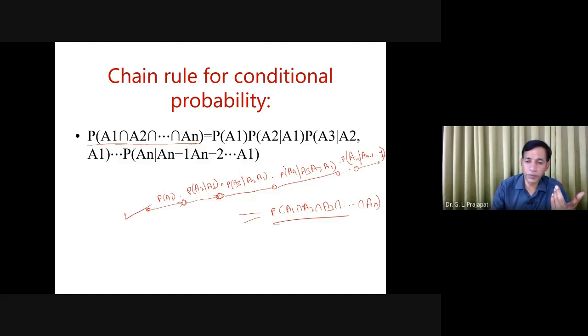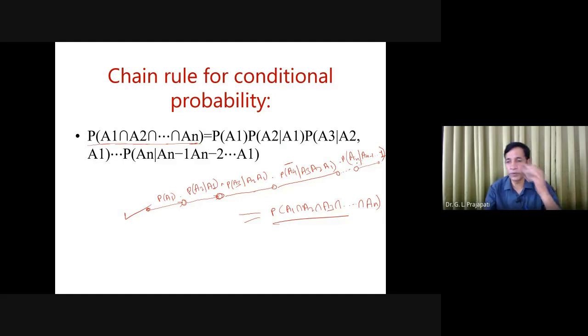As you go deeper in the tree, say you are at A4. To compute the probability of A4, you have to incorporate the information that A2 and A1 already occurred. Since this is a conditional probability, you have to incorporate that.